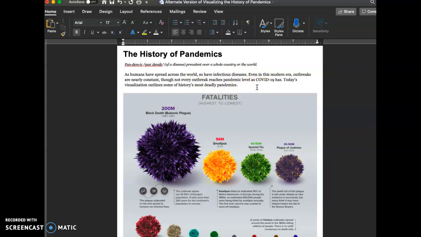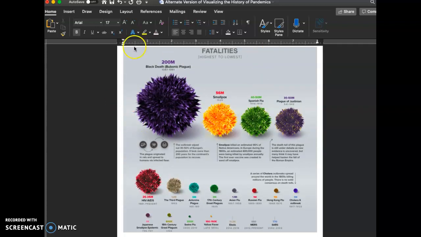Today's visualization outlines some of the history's most deadly pandemics. So bubonic plague was the most deadly pandemic. The plague originated in rats and it spread to humans via infected fleas. This happened in 1347 to 1351. So this pandemic actually lasted a solid 4 years before they started to see a shift.